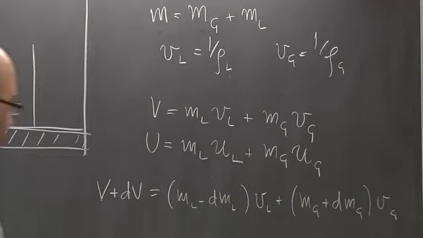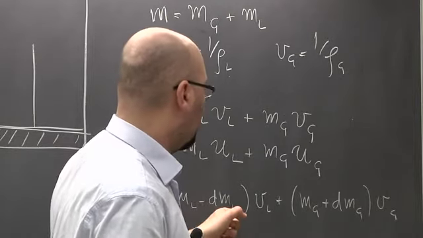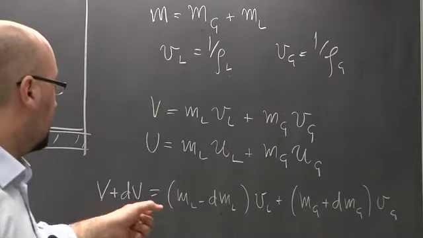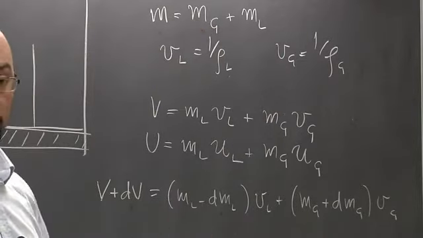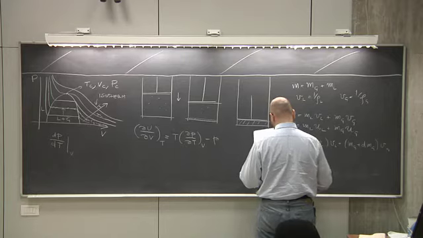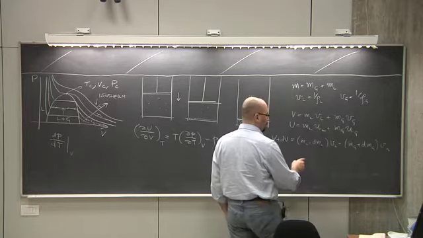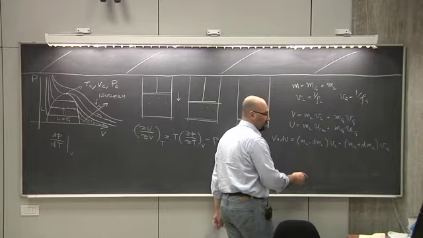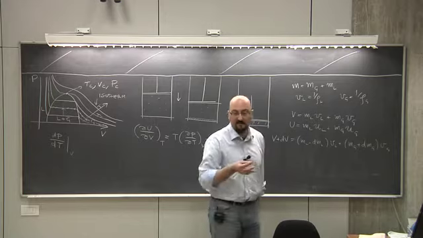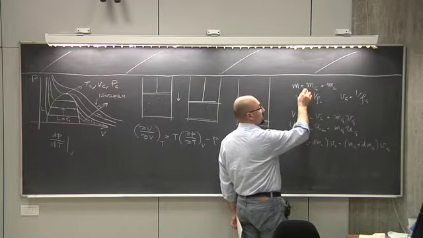So we lose a little bit of liquid, and we get a little bit of gas. And this depends on the amount of volume that we change. But clearly, the same mass of liquid is lost that is generated in the gas. I mean, mass is conserved. This equation has to be satisfied.